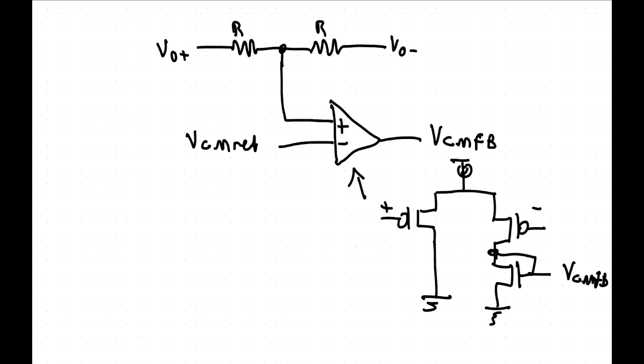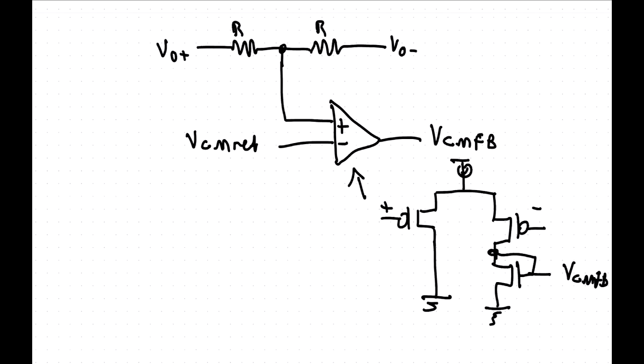Okay. You'll see in some papers, instead of having just a diode-connected transistor there, they put in a current mirror load from this differential pair. I don't like doing that.